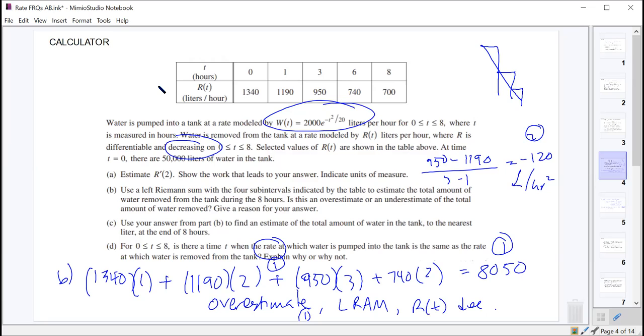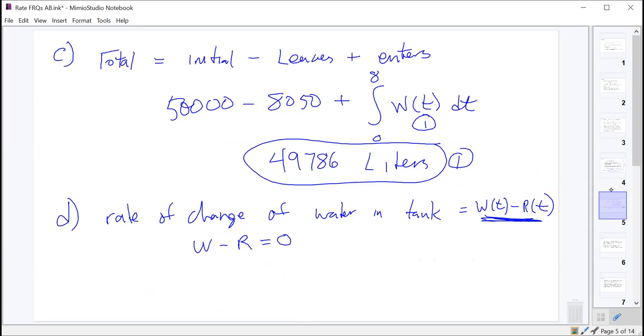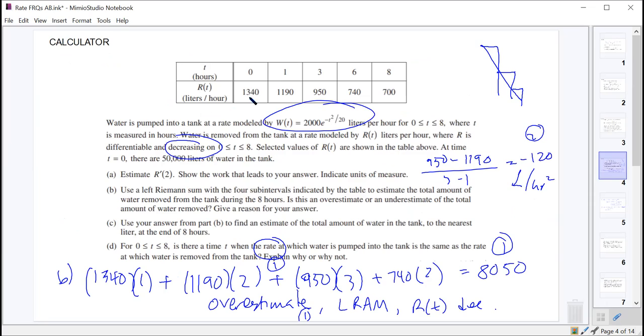Everybody good with that? So we'll just have to test some values. Let's look at what's going on at 0. So what is W of 0 minus R of 0? W of 0 is 2000, because this is 2000 e to the 0.